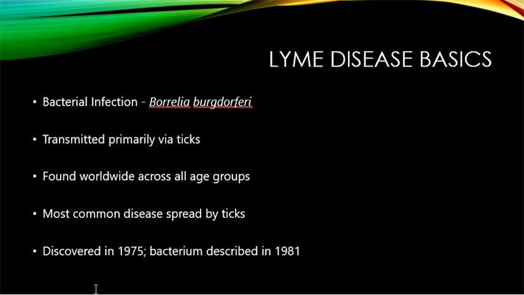There are ticks such as Ixodes scapularis that it is transmitted through, and depending on where you are in the world, for example, scapularis is common on the East Coast, while other Ixodes species are more common on the West Coast.